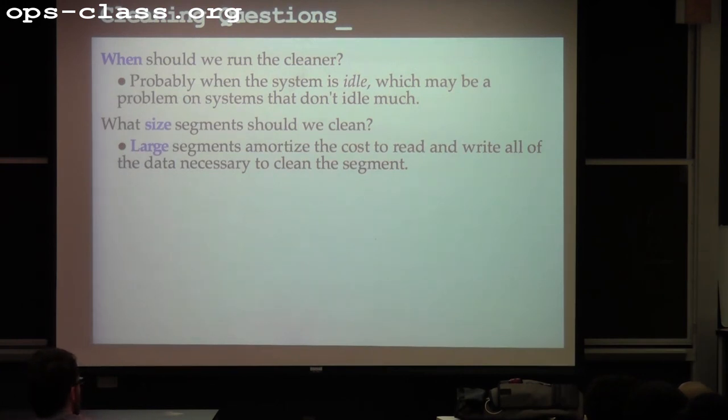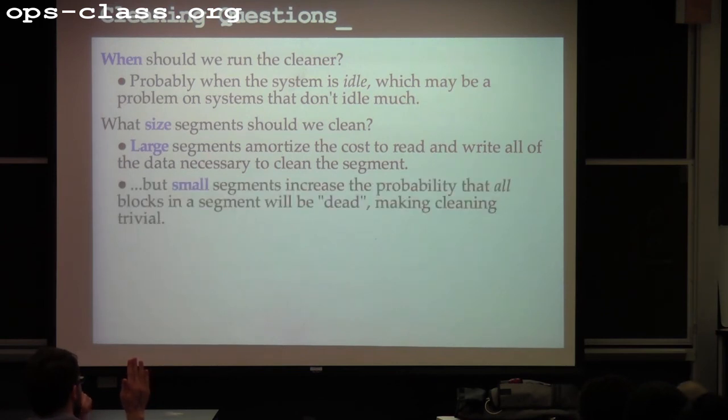If I take larger segments, I can take all of this I/O and potentially get a bigger gain. But small segments increase the probability that I'll find these magical segments that are completely dead. And this does happen. Remember, a lot of the stuff in the log is dead. If it wasn't, then as soon as you crossed the point where the disk is full, that's not very likely.